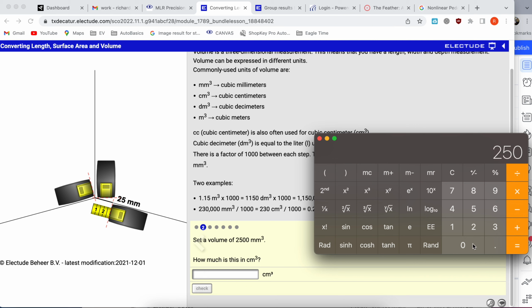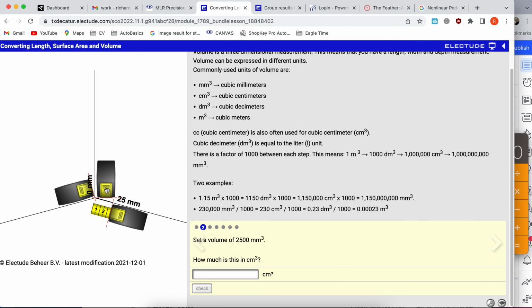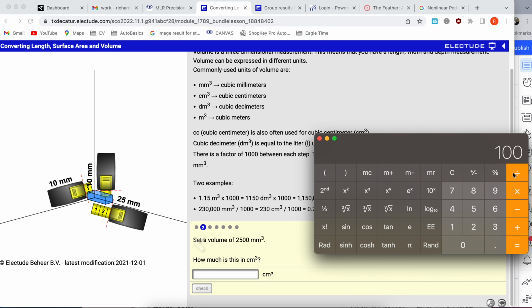If I use that 2,500 and divide it by 25, that leaves me with 100, which means I can take one tape to 10 and the other tape to 10. 10 times 10 is 100, times 25 is 2,500. I can confirm that on the calculator with my 100 divided by 10.